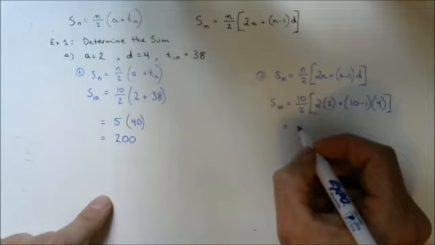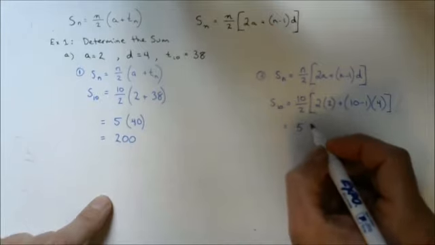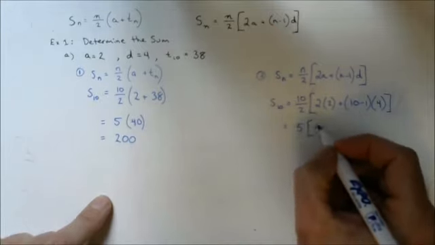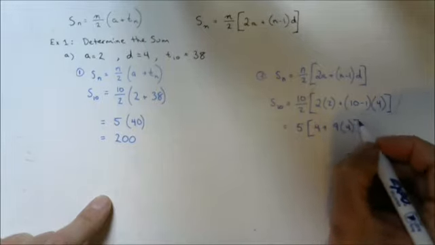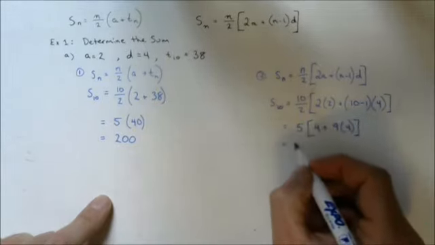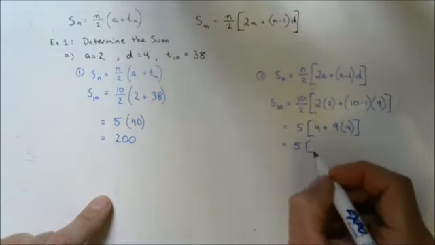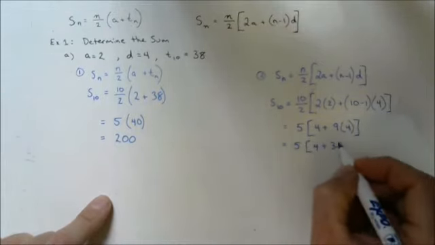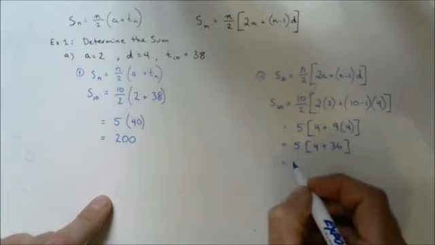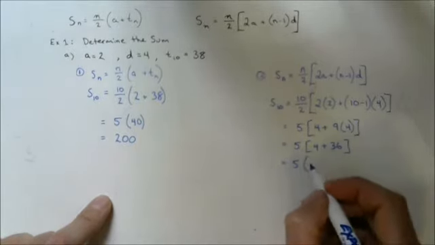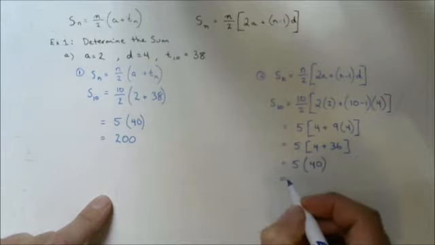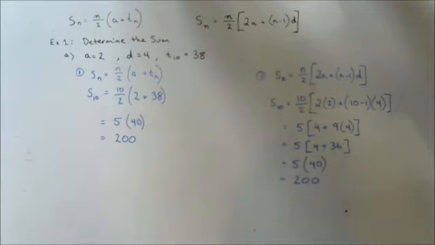So outside the bracket here, we have 10 over 2 is 5. Inside the bracket, we have 4 plus 9 times 4, which is 5 times, and I'll do every step, 4 plus 36 equals 5 times 40, which equals 200. Okay, so the sum of the first 10 terms of this arithmetic series is 200.